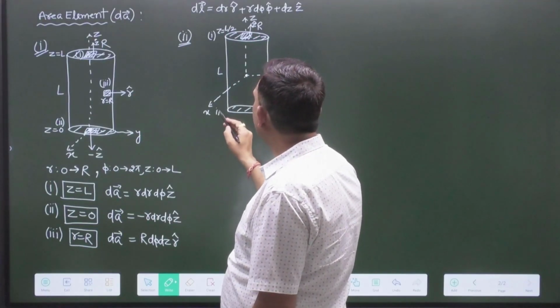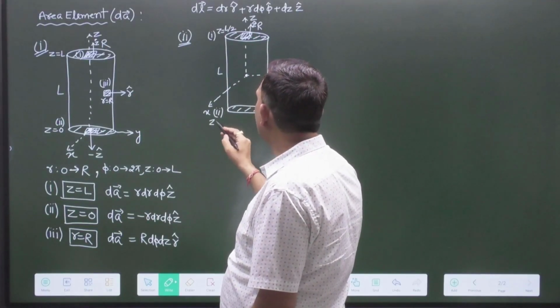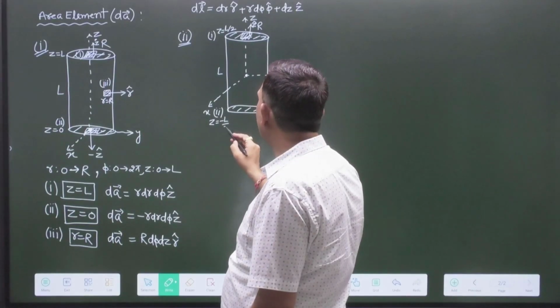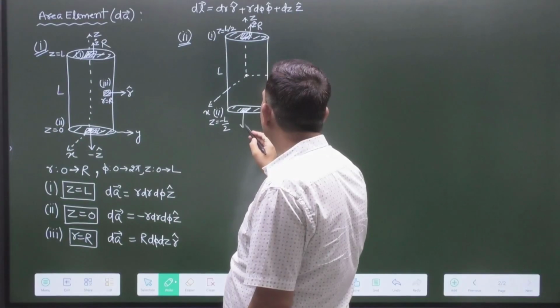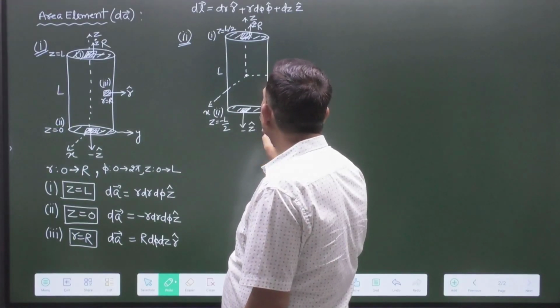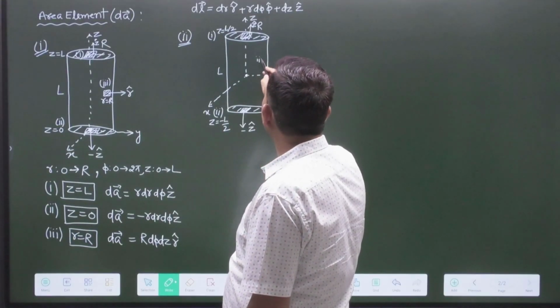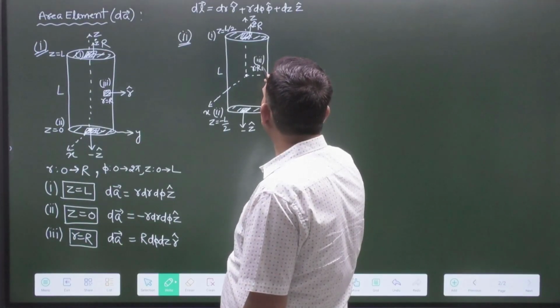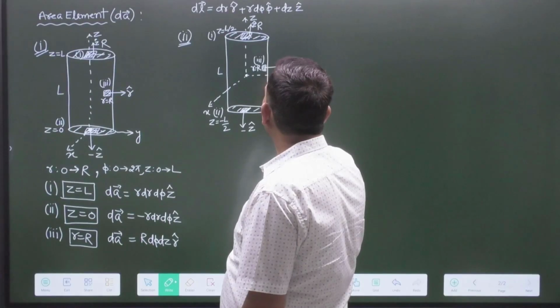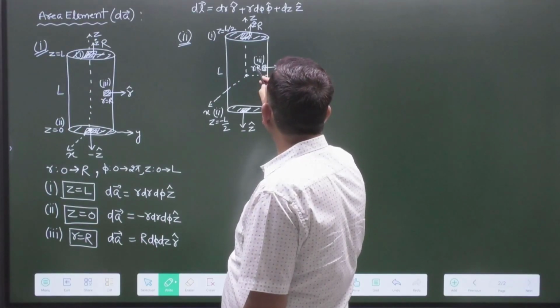Surface 2 is z is equal to minus L by 2, and the area element direction is minus z cap. Surface 3 is the same, r is equal to R, and the direction is r cap.